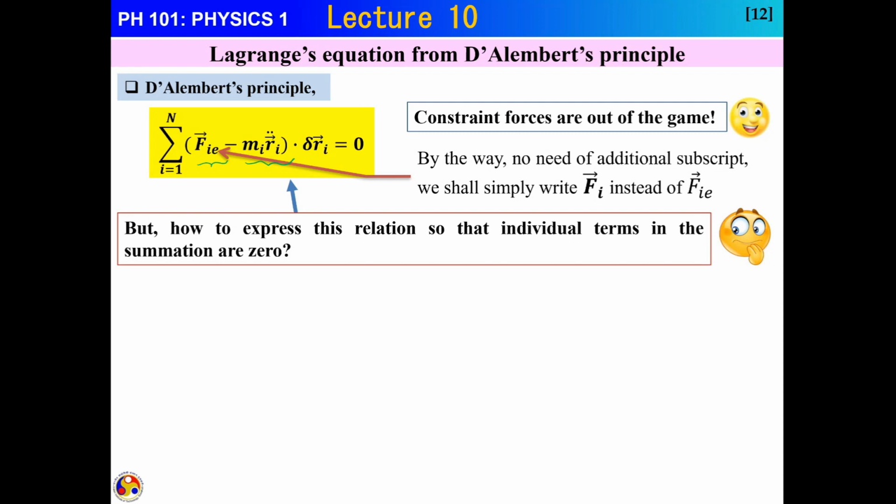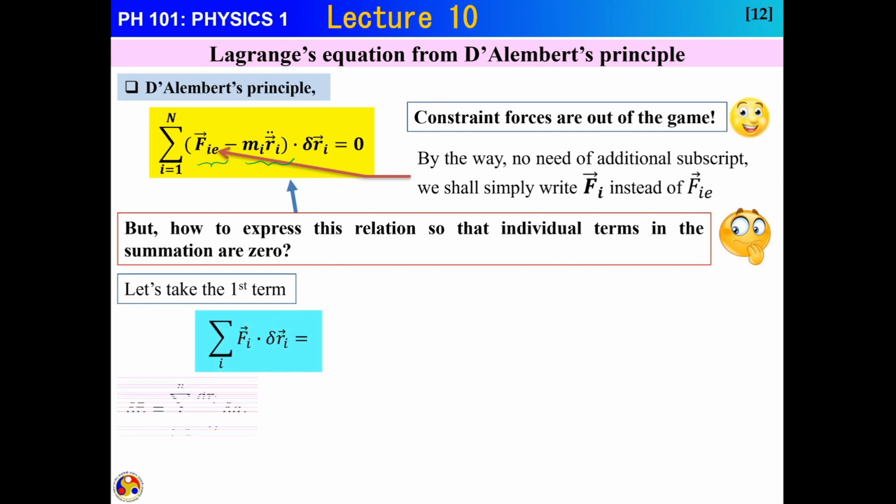So let's take the first term. The first term on the left side is nothing but the summation over Fi, because now we are removing the constraint forces, dot delta Ri. That's the term we have, and we already defined what delta Ri is in this functional format. So now let's substitute it in this equation.